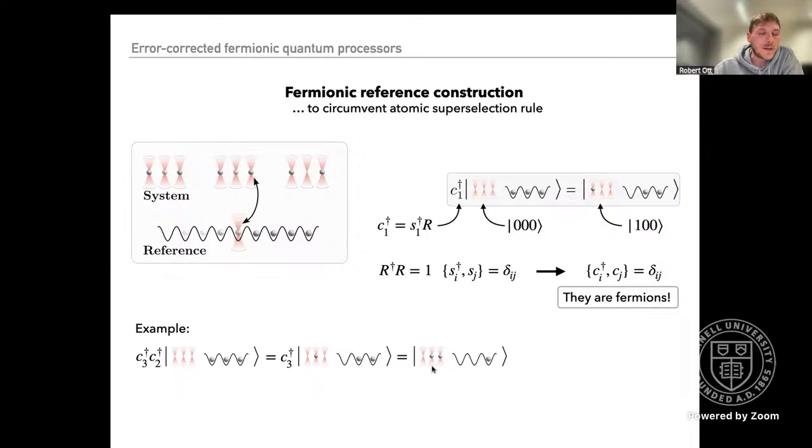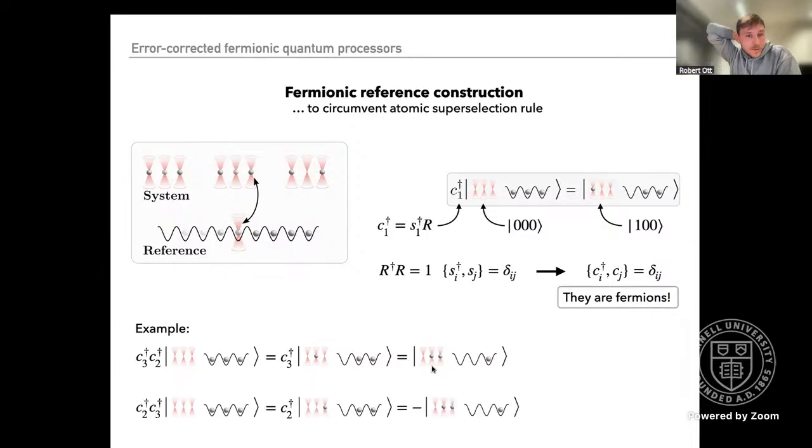So that is fine. If we do it the other way around, we first create mode 3, but if I now want to move a fermion from the reference into mode 2, then I have to swap these two particles and I would get this minus sign over here. So for this simple example, indeed they anti-commute, so indeed they're fermions.